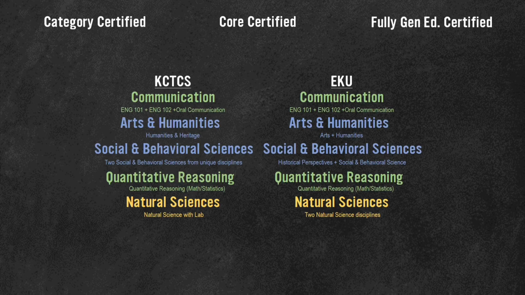Despite the differences in number of classes and credit hours, a student with category certification in natural sciences from KCTCS will not have to complete additional science courses for their general education. They have met a 6 credit hour requirement by only completing 3 to 4 credit hours. This could potentially free up additional elective space in your degree plan after you transfer.